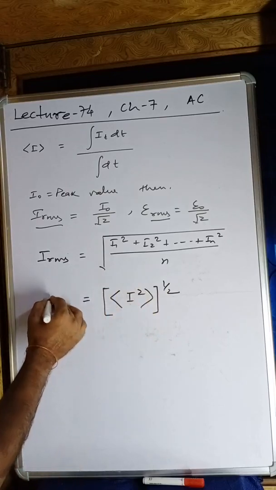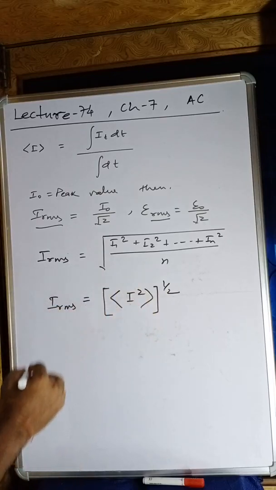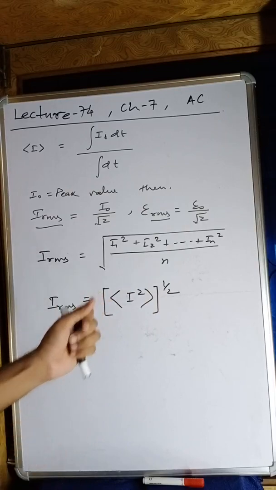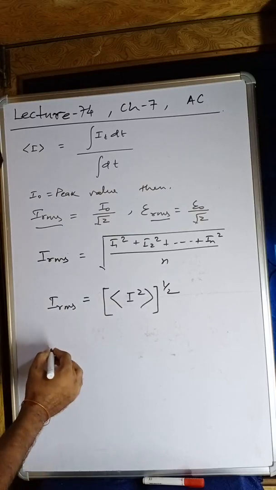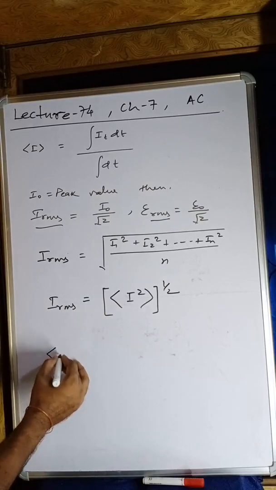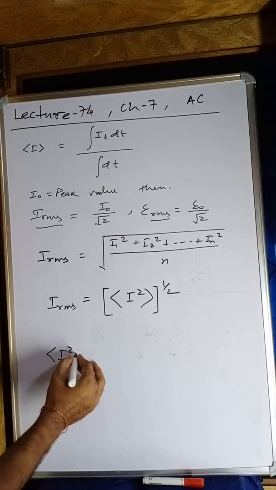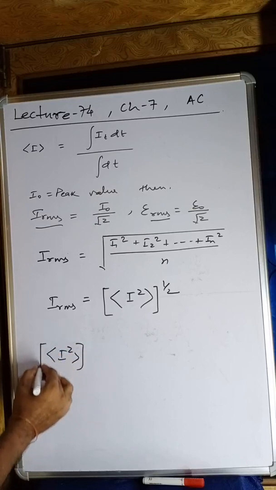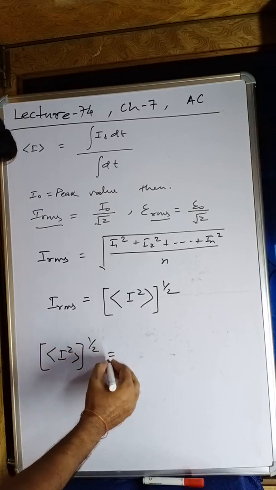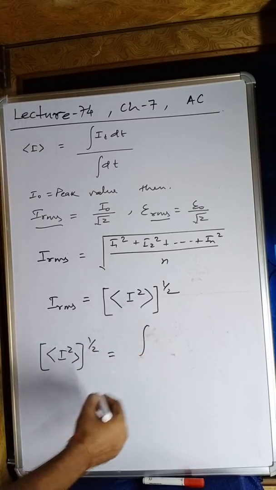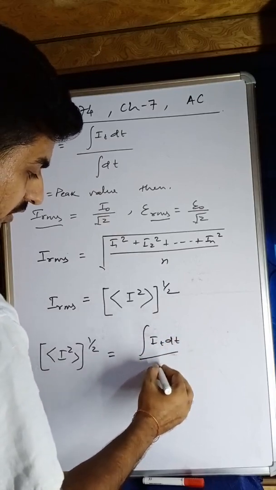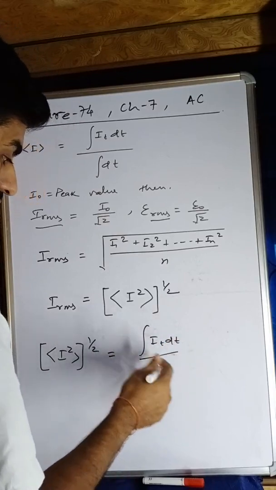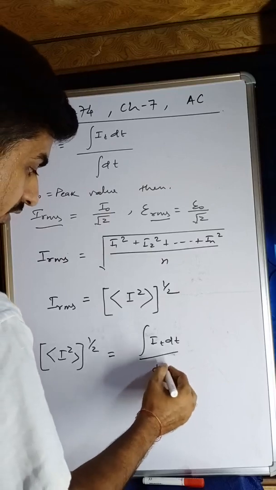If this is IRMS, try to understand why I am representing this one. If this one is IRMS, then we can write this as the integral of I square dt over dt.